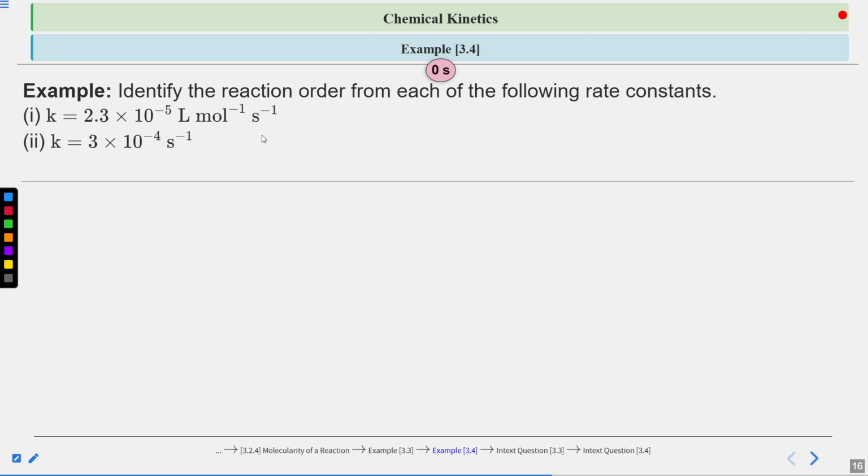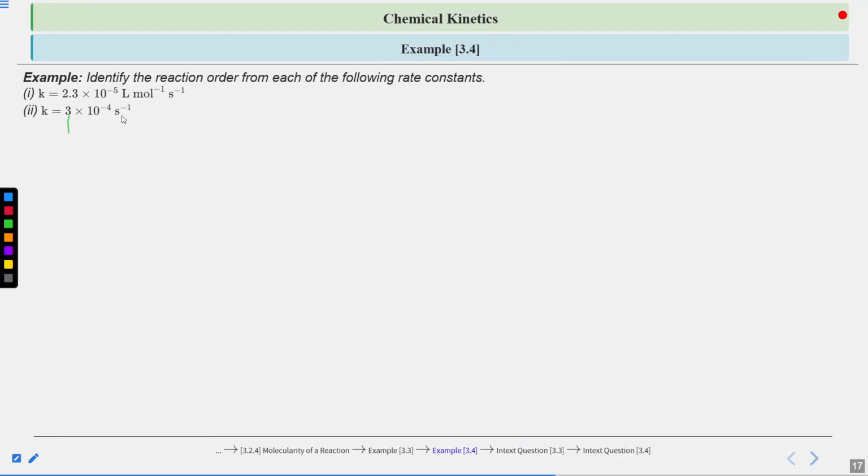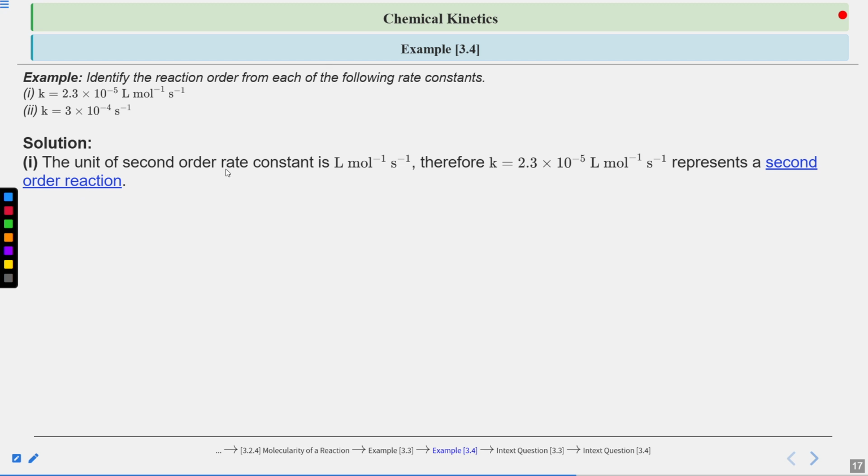Okay, let's see. For this given question, the unit of the second order rate constant is liter mole inverse second inverse. Therefore, K equal to 2.3 times 10 to the power minus 5 liter mole inverse second inverse represents a second order reaction. As the question asks you to identify the reaction order from the given rate constant value, we have the rate constant values along with their units, and previously we have studied how to determine the units of the rate constant for different order reactions, right?